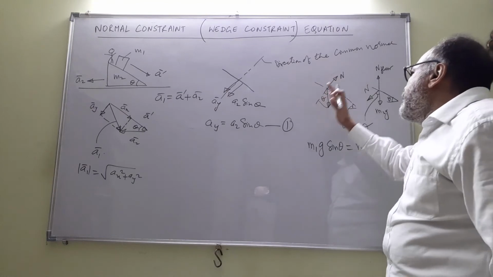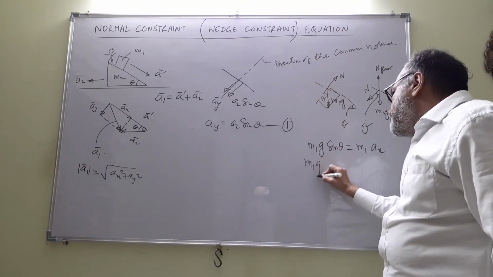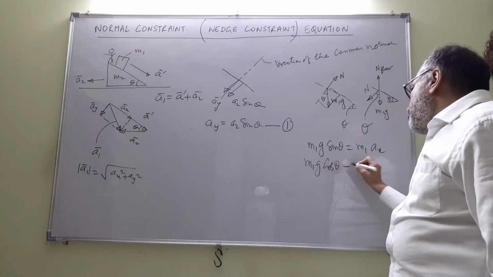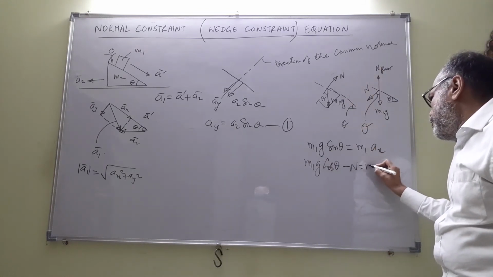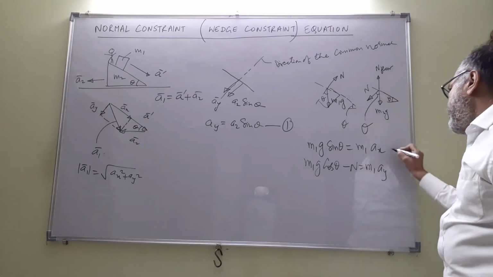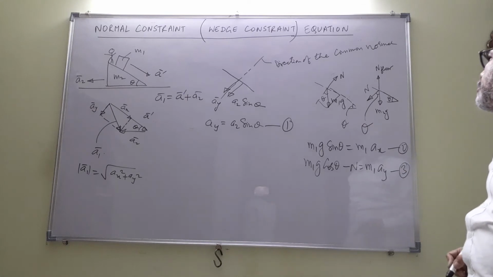Perpendicular to the incline, you will have m1g cos theta minus N is equal to m1 into ay. That makes equation 2 and equation 3.